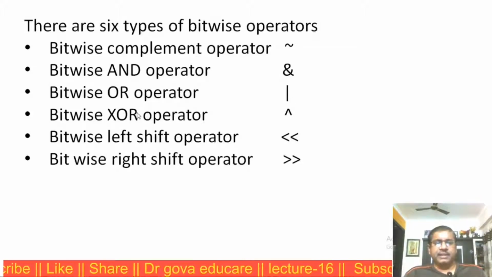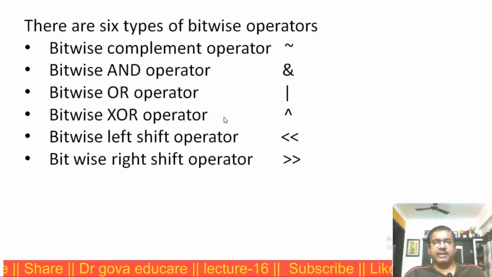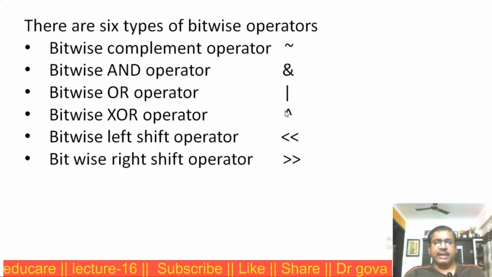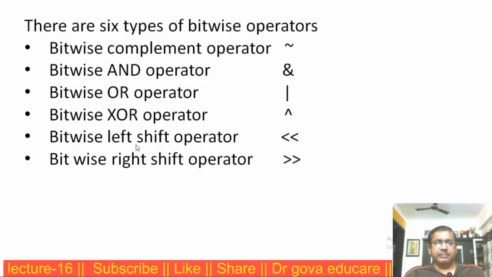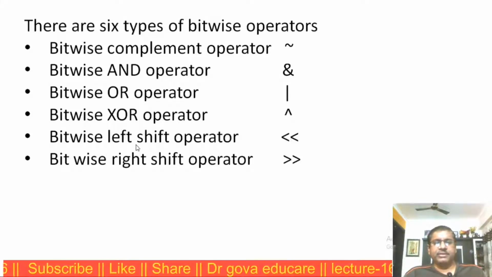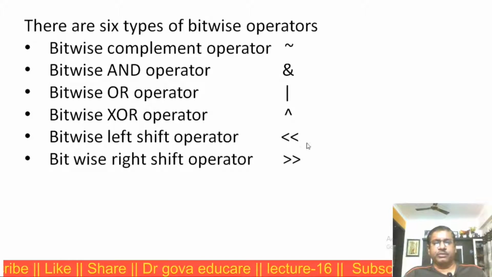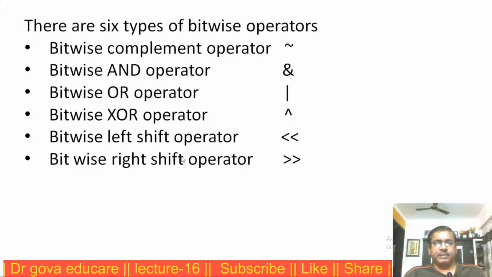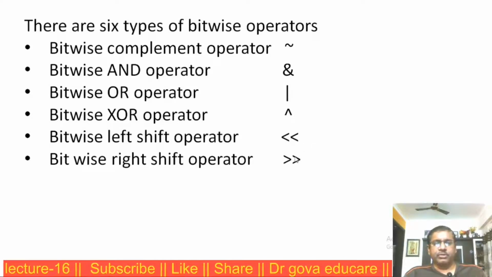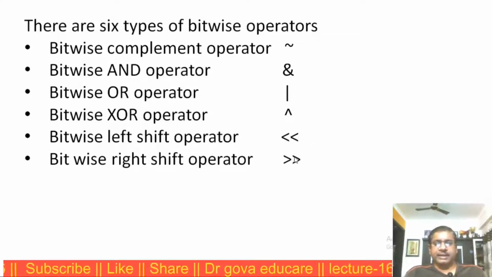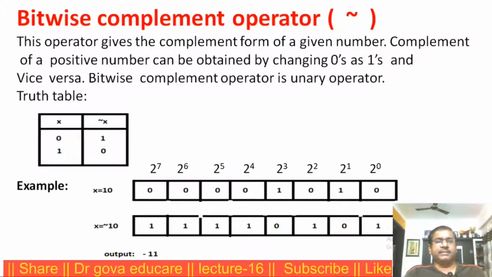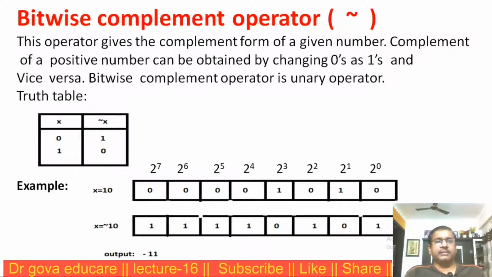Bitwise exclusive OR operator, we use the symbol caret. Bitwise left shift operator, use double less than. Bitwise right shift operator, use double greater than symbol. We will discuss one by one.